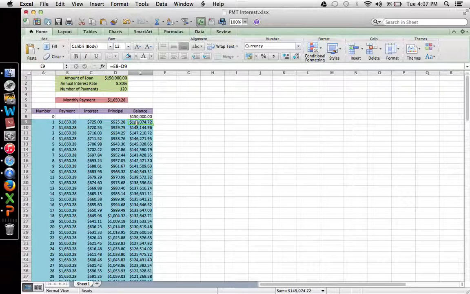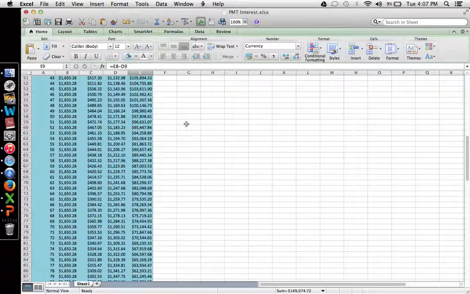In the balance column on that same line, you subtract the principal from the previous balance, which, since this is our first payment, was $150,000. The principal paid for this one was $925.28, so that's what you subtract, and you end up with your new balance.